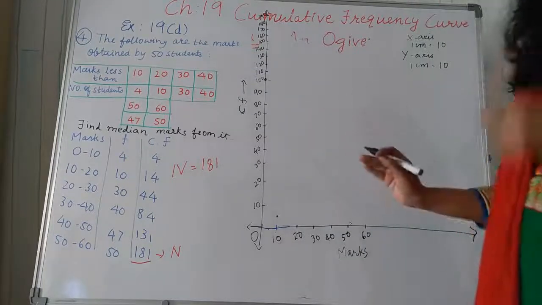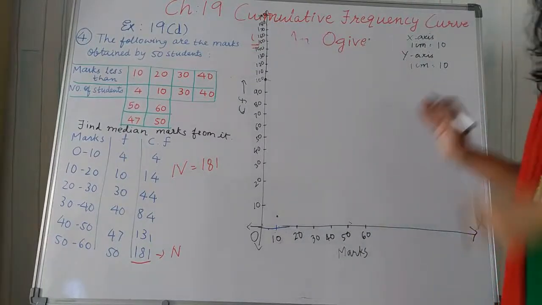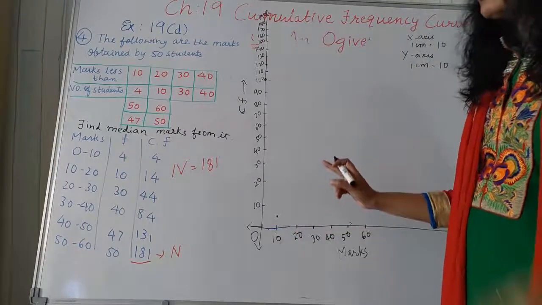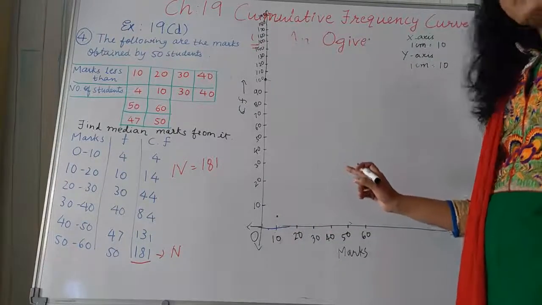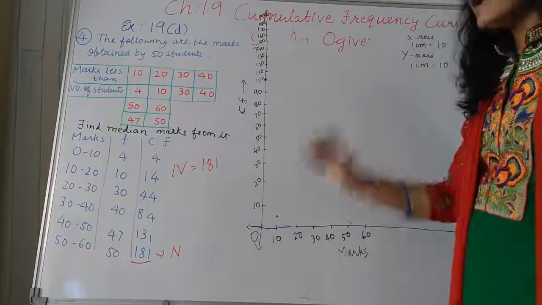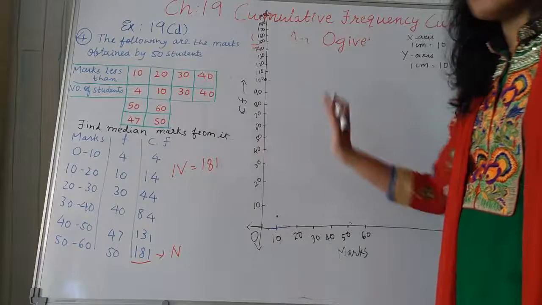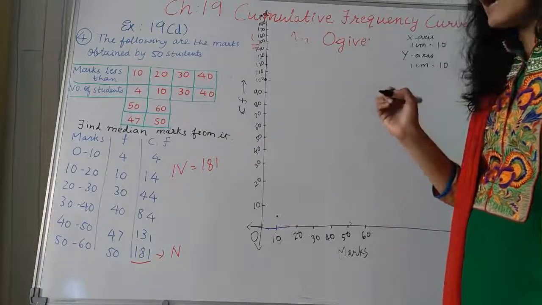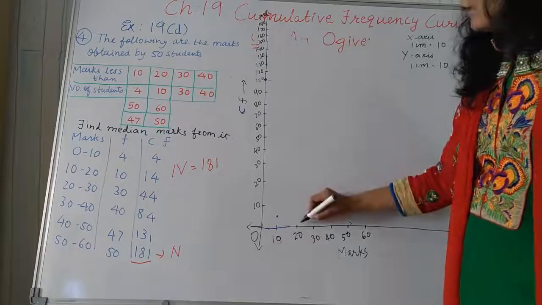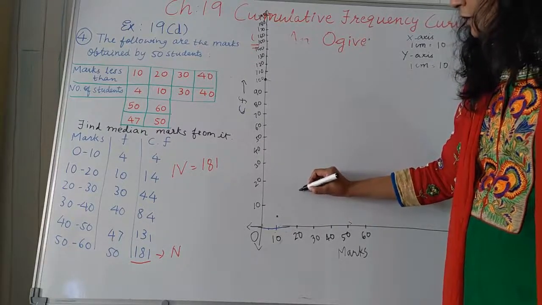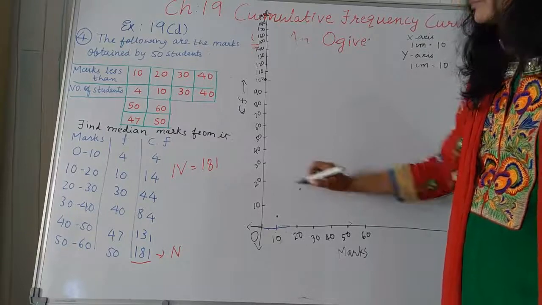Students, again I am telling you that in your graph paper you have to put this accordingly. While drawing the median, it is very important to draw the ogive correctly. Then only you get the median marks correctly. We need a very sharp answer here. Now 20, 14. So here after 10 I put the point.